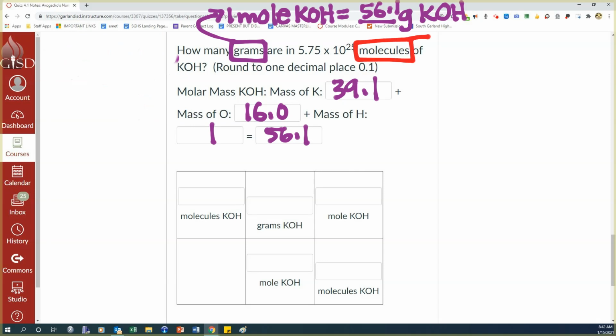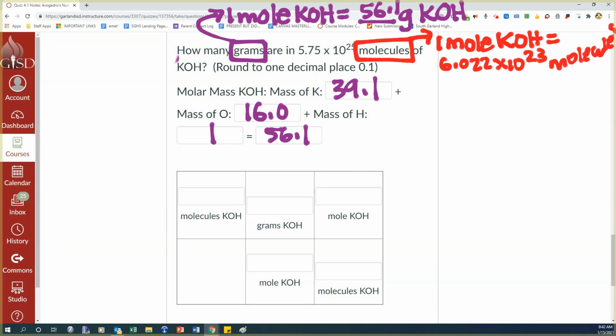And remember, as soon as you see the word molecules, what you need is 1 mole of KOH is equal to 6.022 times 10 to the 23rd power molecules of KOH. Okay?